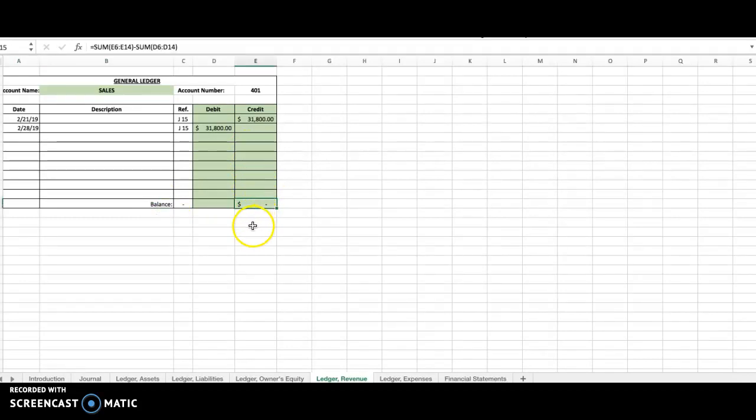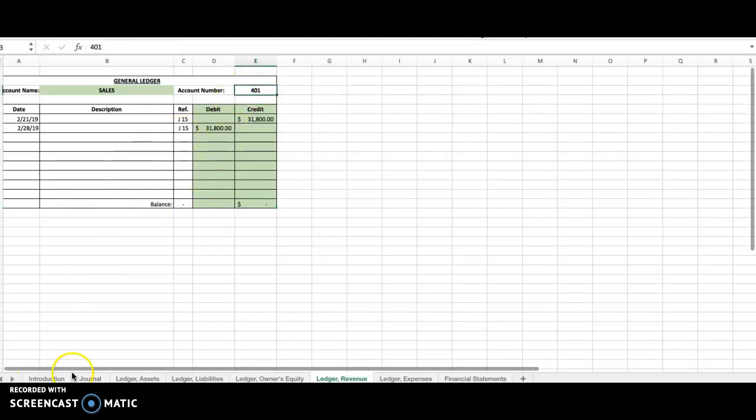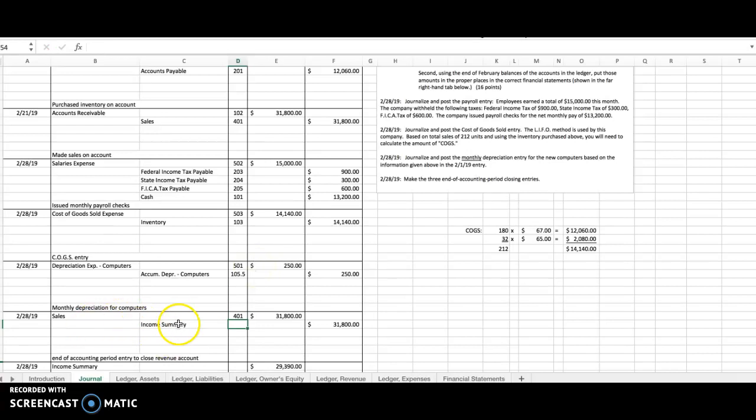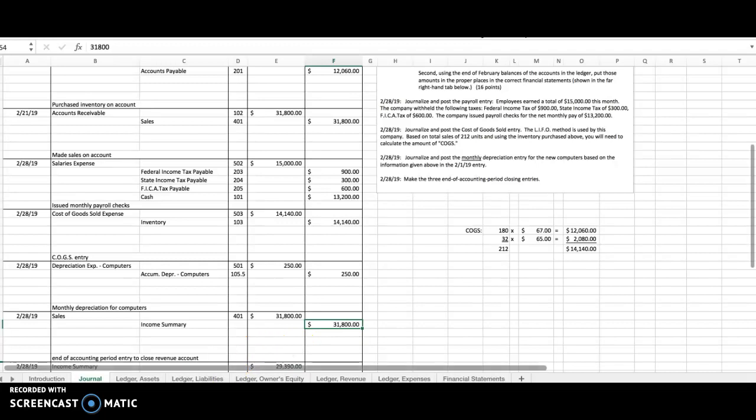That means this account is closed. So the account number 401 goes back to the journal, and we've posted that. Then, as I said, the credit in this first closing entry is to an account called income summary by that same amount, $31,800.